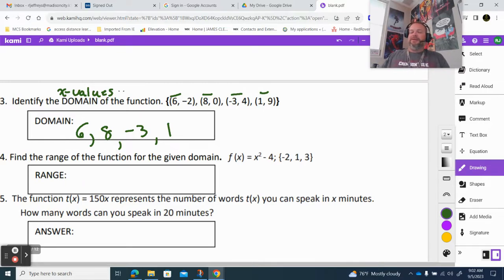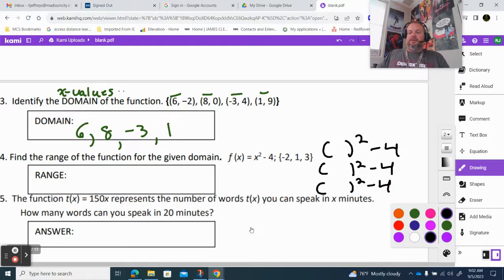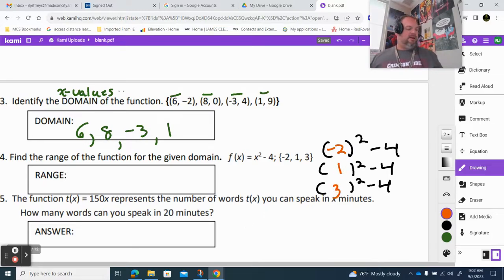Okay. All right. Find the range. This is where we take the x's and plug them in. So we're going to have -2, 1, and 3. Remember, this is a calculator problem.